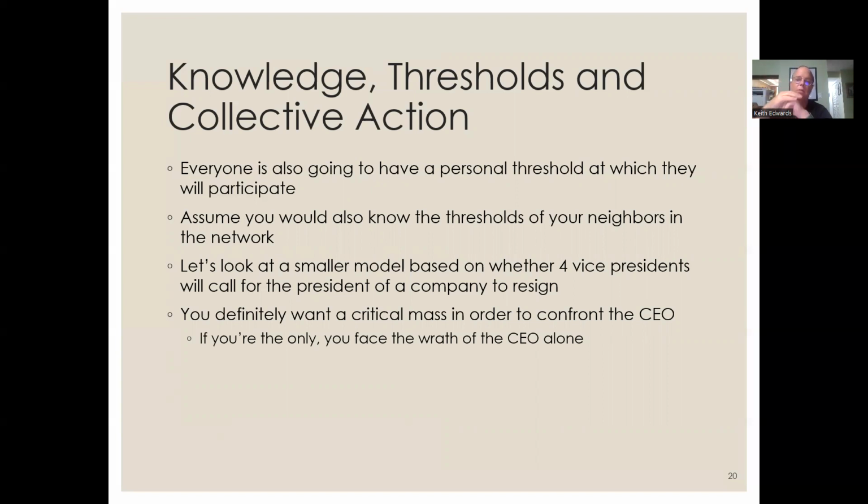They actually have a smaller example with 4 vice presidents, and the president of the company makes an unpopular decision that the 4 vice presidents aren't really happy with. They definitely want a critical mass in order to confront the president or the CEO. If they're the only person, then they're going to face the wrath of the CEO alone.